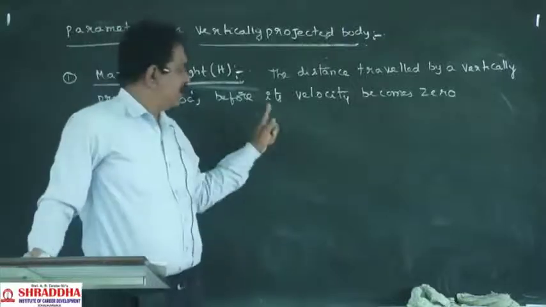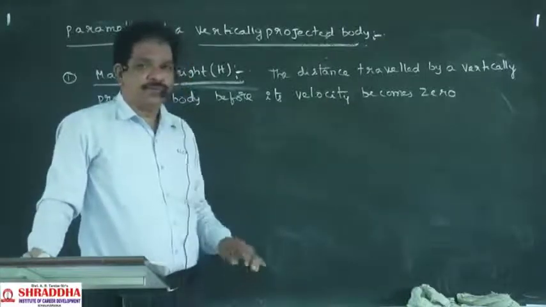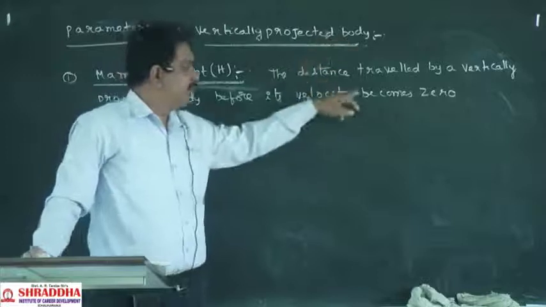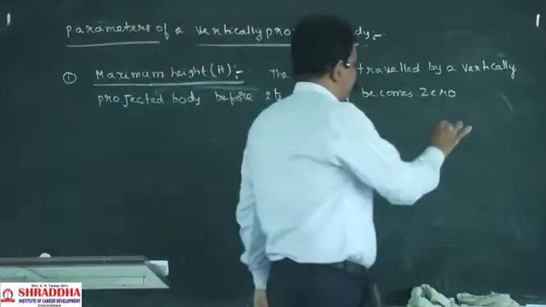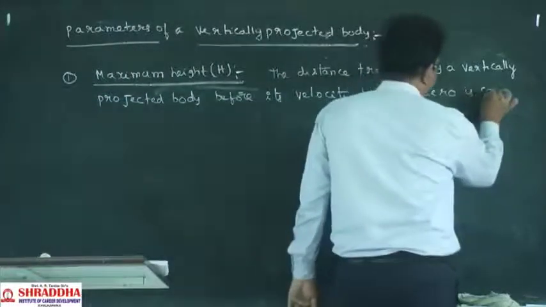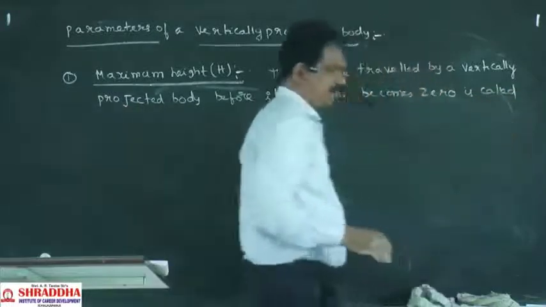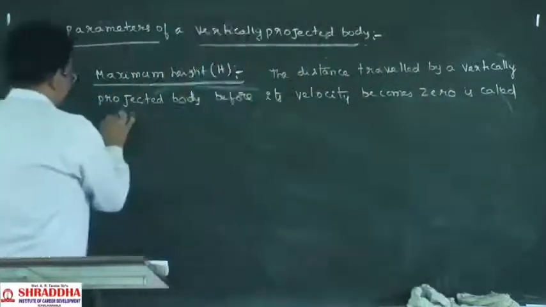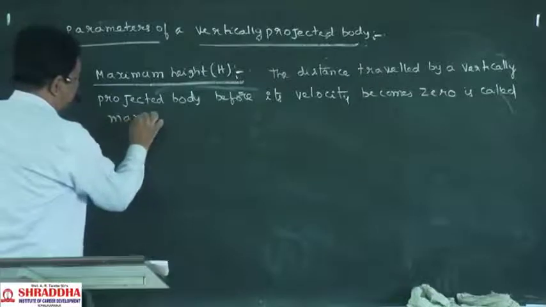Before its velocity becomes zero, how much distance is traveled by the vertically projected body is called maximum height.